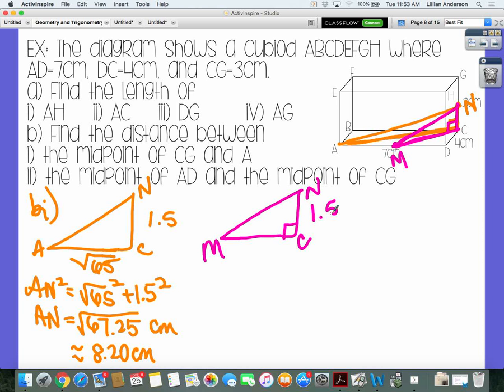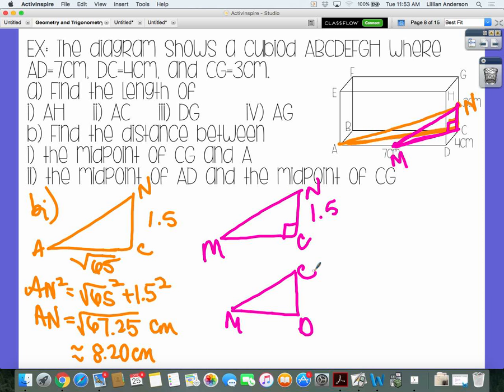How do you get it? Do you know it right off the bat? Is it half of a number, or is it half the square root? 3.5 is this segment right here. Is it the half? So it's got to be half of the square root of 8.2? No, it's another right triangle, so you have to do the Pythagorean theorem for that one.